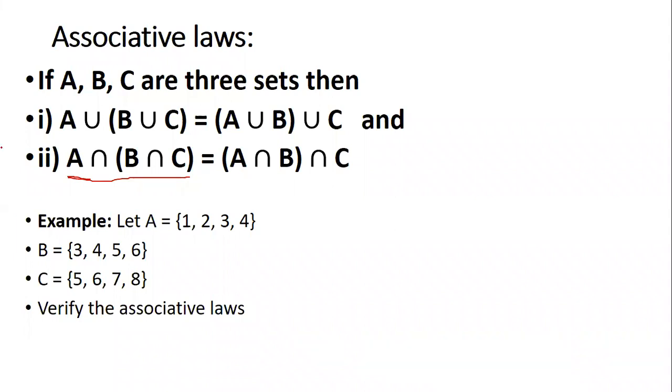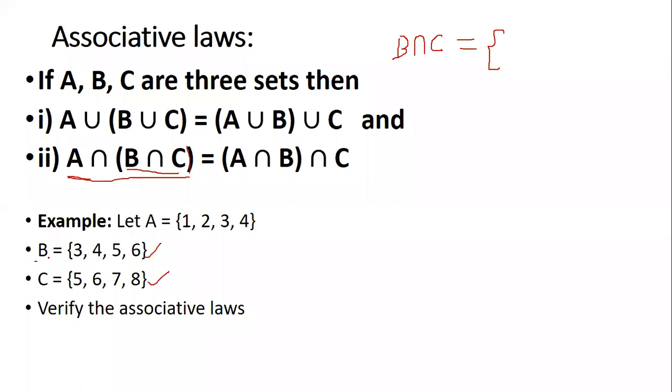Now the first one is A intersection B intersection C. Out of this, there is a bracket given for B intersection C. So we're going to first solve this. We know what is set B, we know what is set C. So let us solve B intersection C. What are the common elements in B and C?